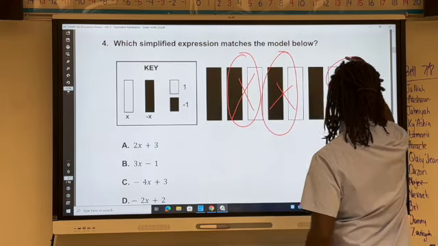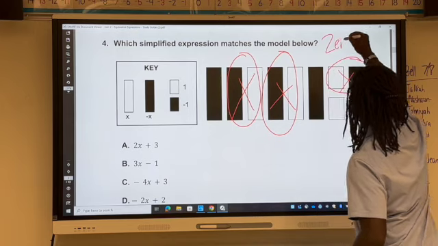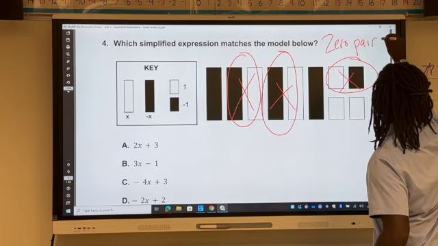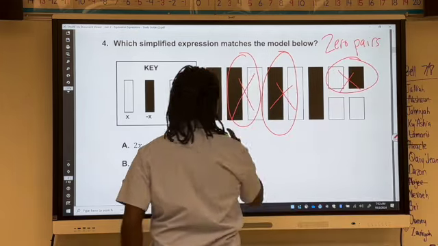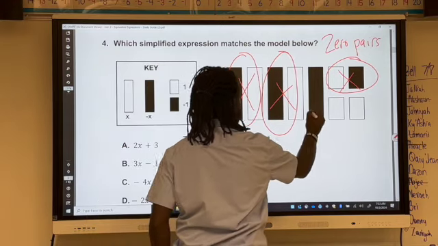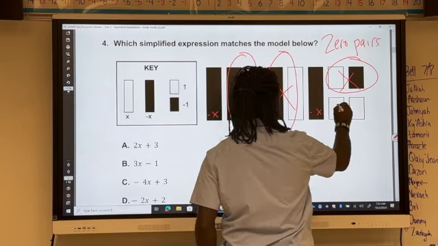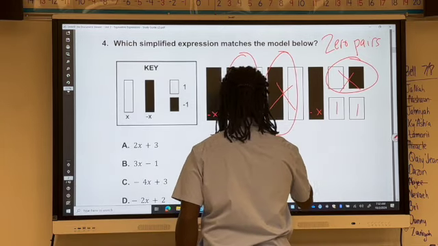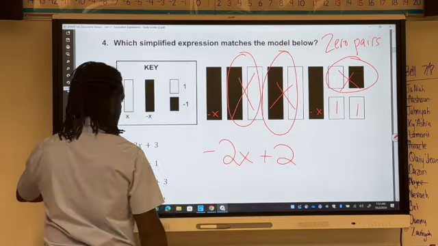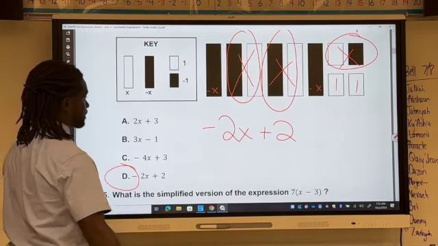And then these two are 0 pairs, okay? So I'm left with, this is a negative x, this is a negative x, so I'm left with negative 2x, and then this is a positive 1, and then I got plus 2, okay? Which the answer there is D.